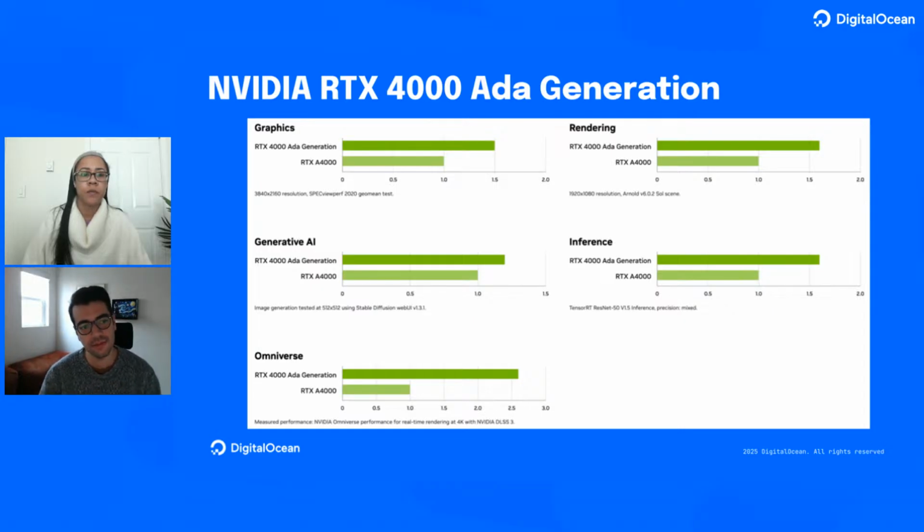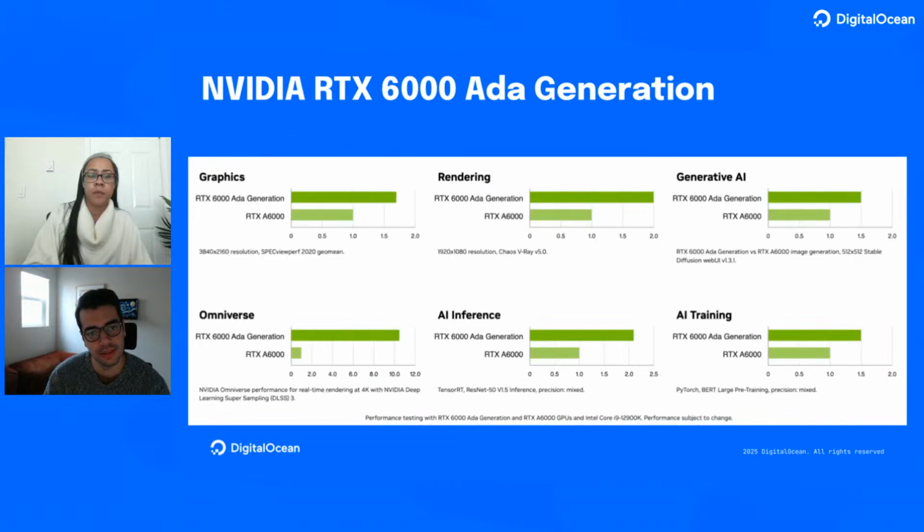And you'll notice that we do offer the older generation of these GPUs. We offer it at the same price point. So with the new generation, you get the same price point, no price increase, but a 50% performance improvement. So it's really a cost-effective GPU with the newer generation.